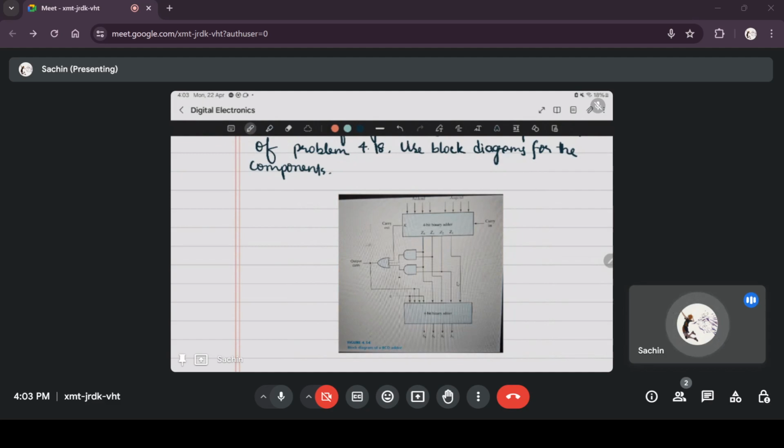This is the BCD adder circuit that we have. We have a 4-bit binary adder with carry in and some combinational circuit from the output of the 4-bit binary adder and the carry out, and that is fed as input.